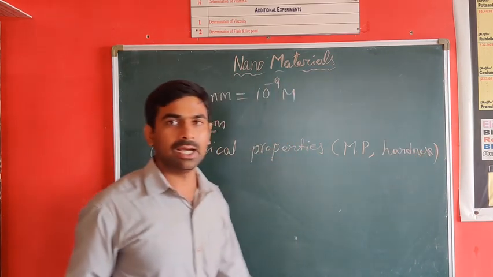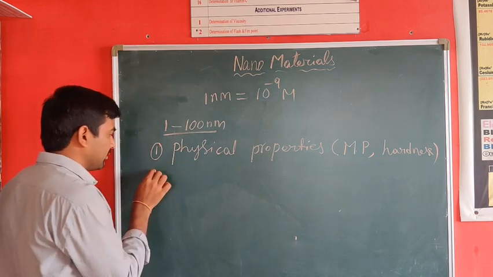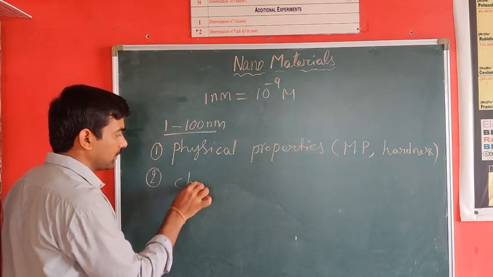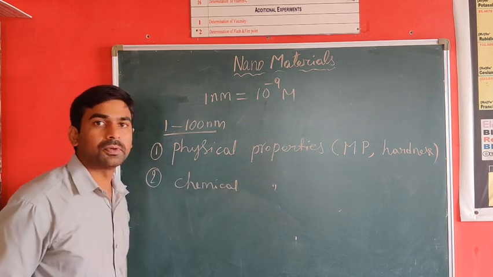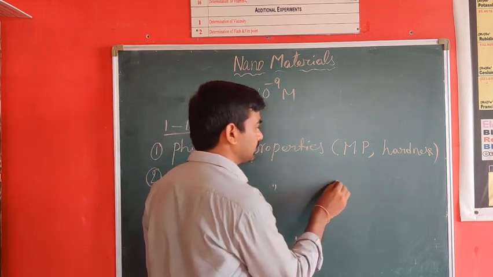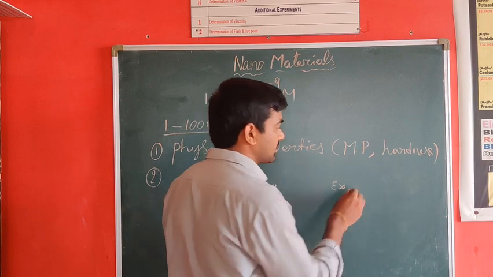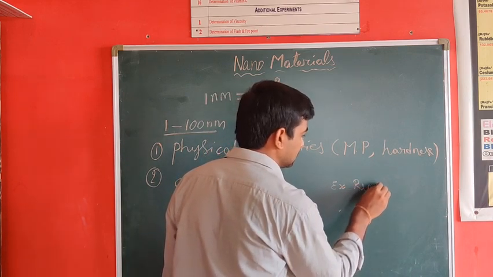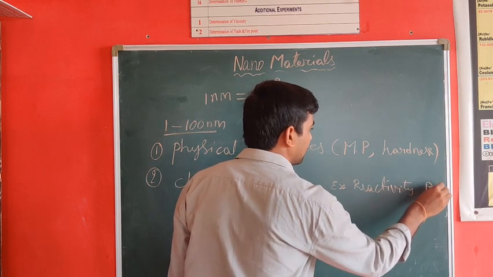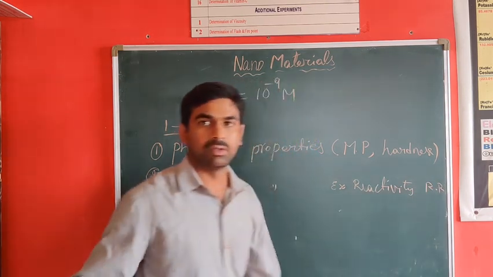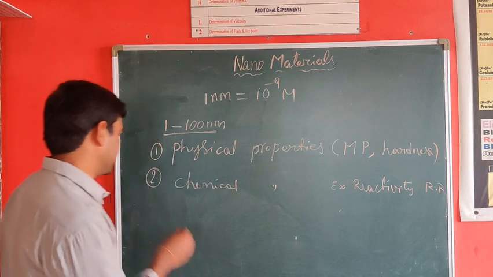The second one is chemical properties, for example reactivity and rate of reaction.